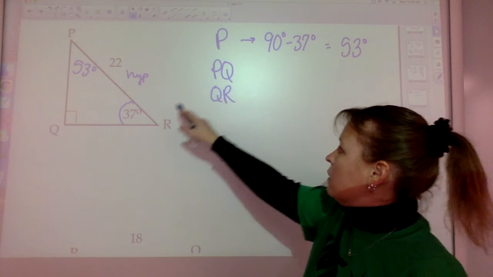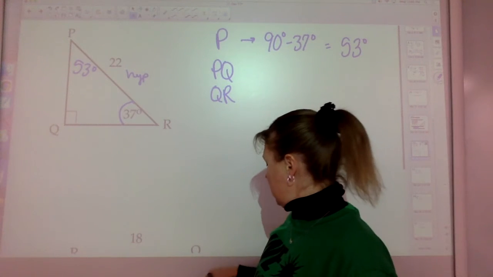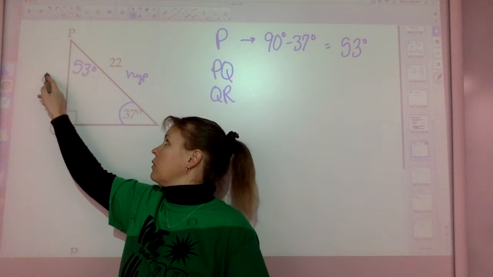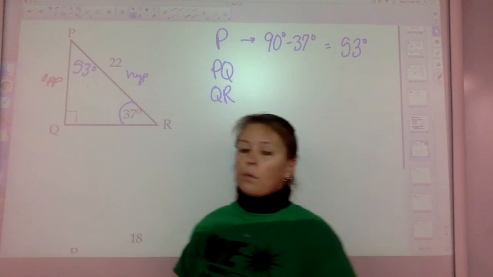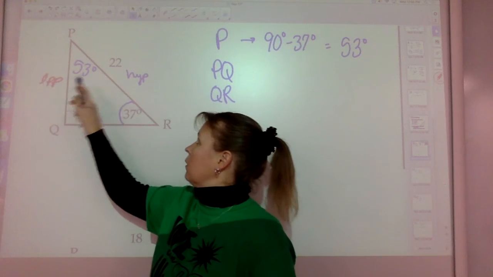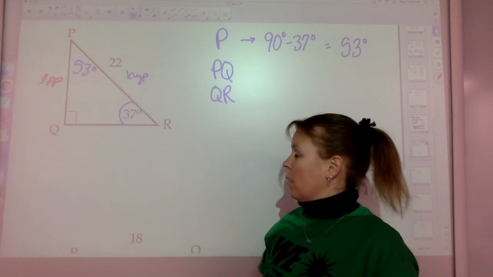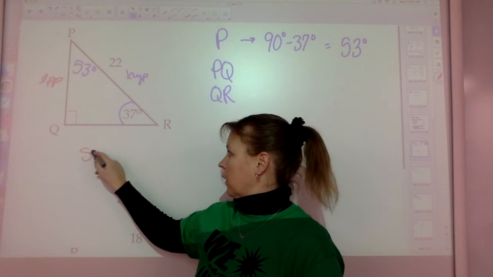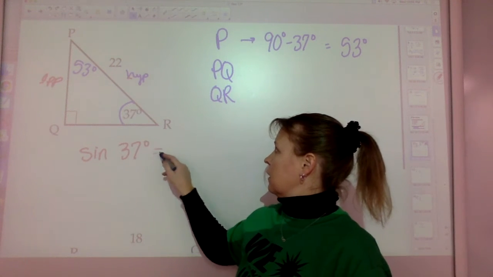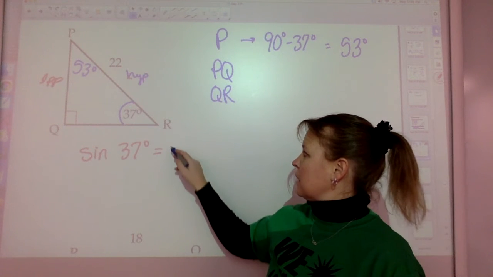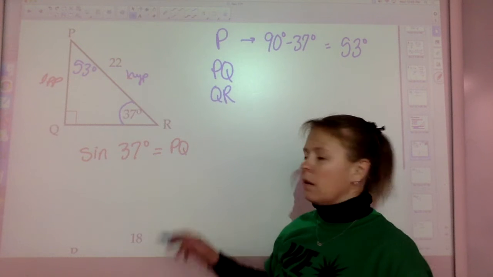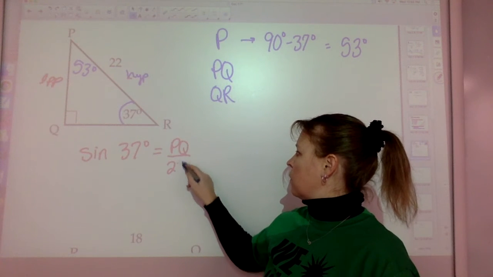Where is PQ in relation to this 37 degrees? It's all the way over on the opposite side of the triangle. So if we're looking for PQ, we have the opposite side, we have the hypotenuse, O and H is SOHCAHTOA. We're going to do the sine of 37 degrees equals opposite. We don't know, but we know it's side PQ over hypotenuse, 22.